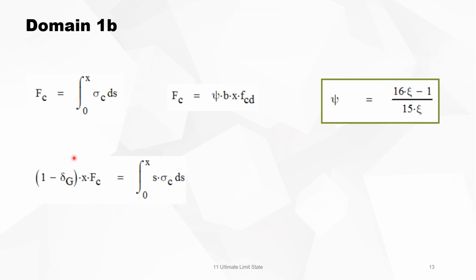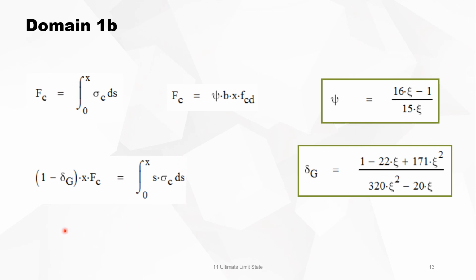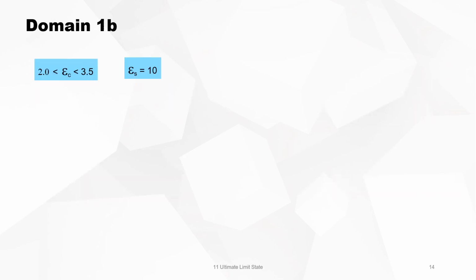And then for the rotational equilibrium, we do again exactly the same, and we find that the location of the force Fc is also a function of xi. Then all those values are calculated in table 1 for ease of use.